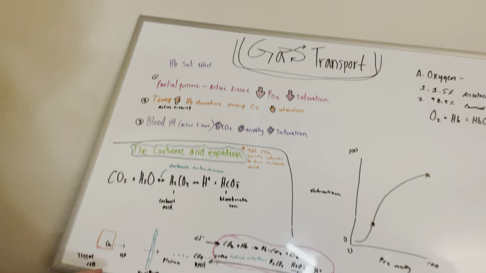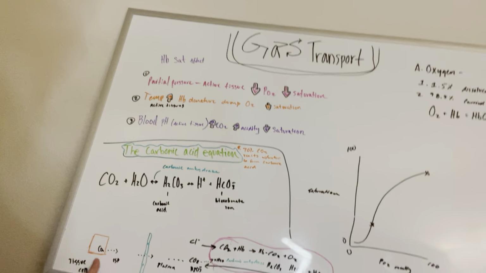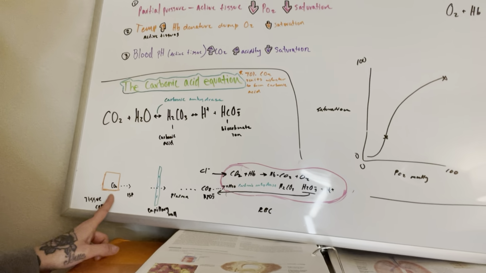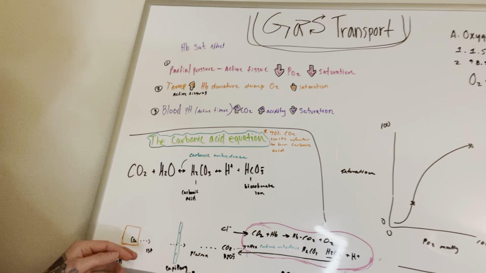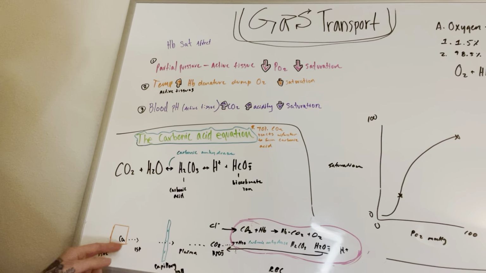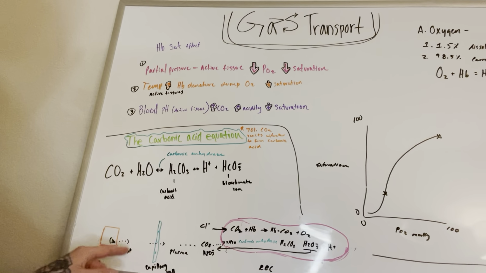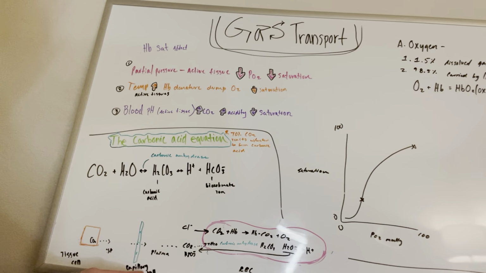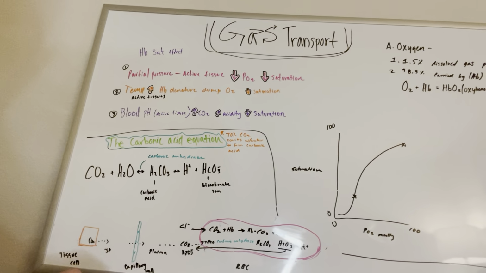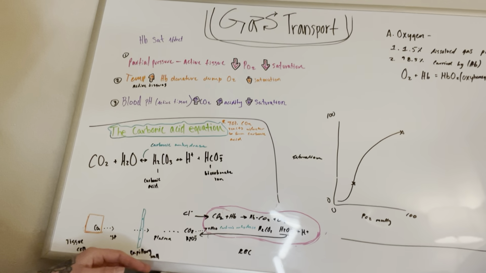So now we're going to come down here into a tissue cell. We have carbon dioxide leaving the tissue cell, going into the interstitial fluid. Then it's going to pass through a capillary wall. I think it's a systemic capillary wall.